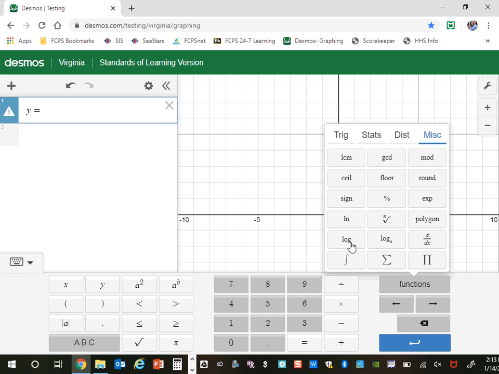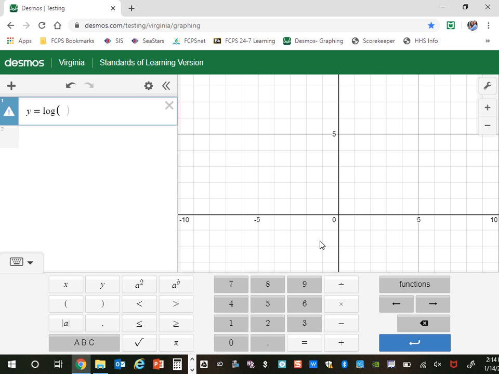Go to the miscellaneous tab, functions, and then misc. I think it'll be this log. You would hit log, and then automatically a parentheses will pop up. You hit x, because that's basically what it is, log of x.